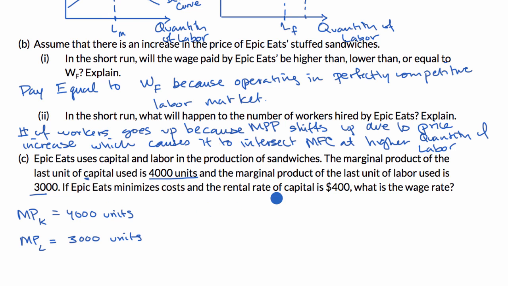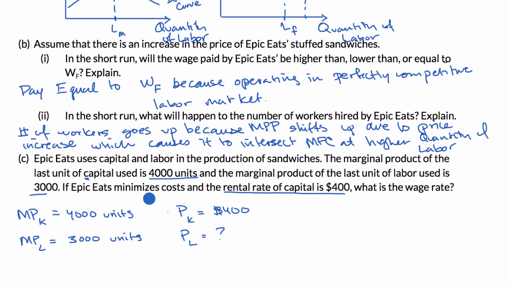And we could view the rental rate of capital as the price of capital. You could also view this as the marginal factor cost of capital, but I'll just call this the price of capital is equal to $400. And they want us to figure out the wage rate. So you could view this as the price of labor is equal to what?